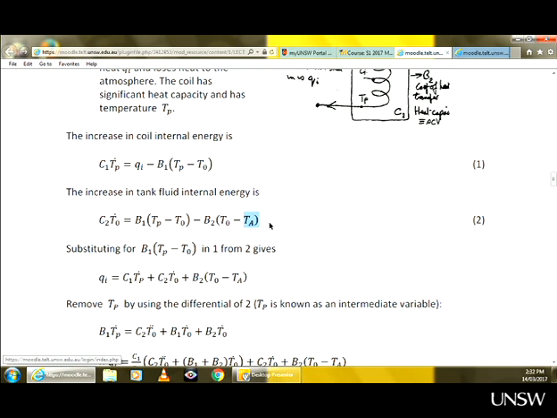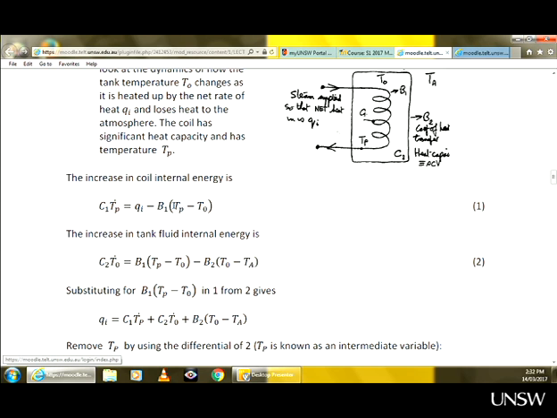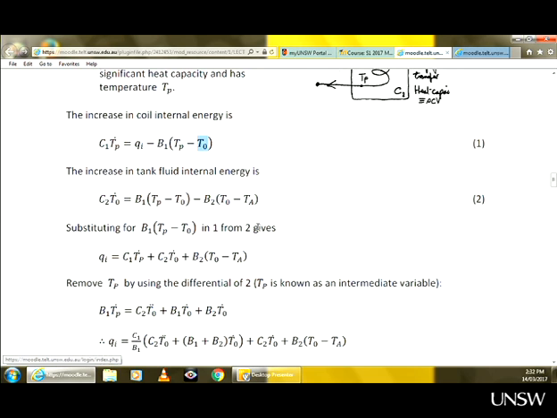We can move on. Now, what do you want to eliminate? You are not interested in TP. You want to keep QI as the input, and you want to keep TO as the output. Now, there are different ways of doing this. How you eliminate TP and TP dot between these two equations, this is one of the ways. If this and this are the same, we can equate what this term B1 (TP minus TO) equals in the first equation and what it equals in the second equation.